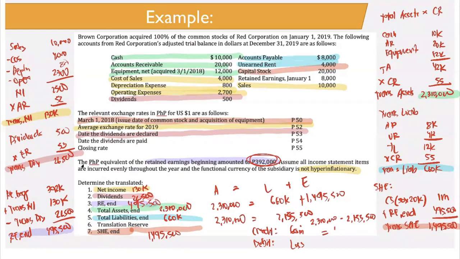Our translation reserve is 154,500. Easy, right? We just need to know the different rates to be used when you translate it.